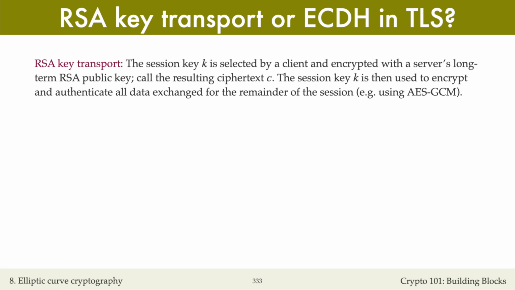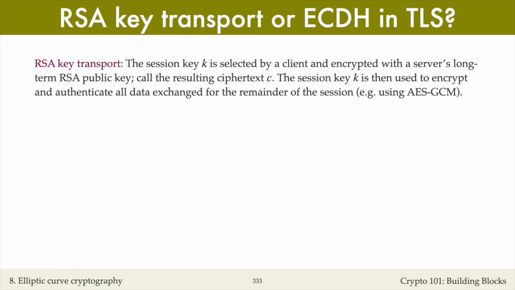If the signature verifies, then Alice is assured that she has an authentic copy of Bob's RSA public key. Alice then selects a random session key K and encrypts K with Bob's RSA public key. Alice sends the resulting ciphertext C to Bob.